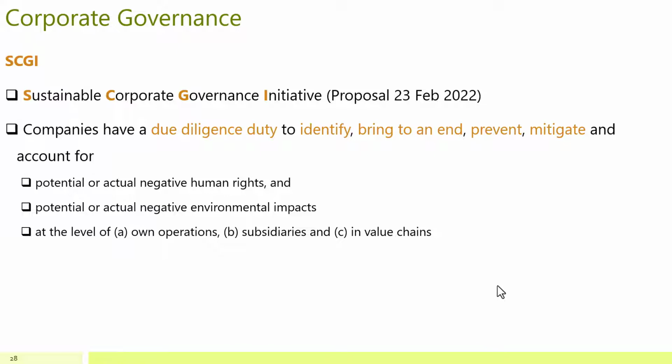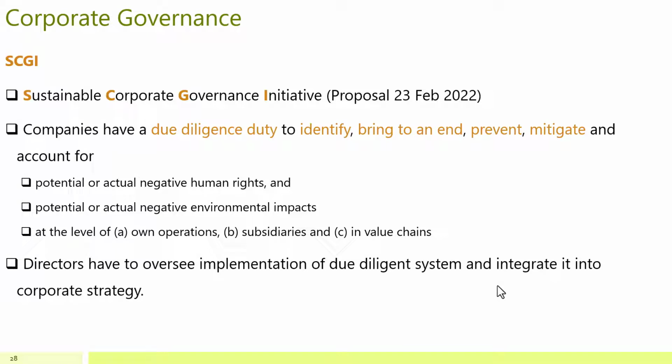And you should do this not only for your own company, but also for your subsidiaries and for all companies in your value chains. And corporate directors have to oversee the implementation of this due diligence system and integrate it into their corporate strategy. So that's what is behind this corporate governance initiative.